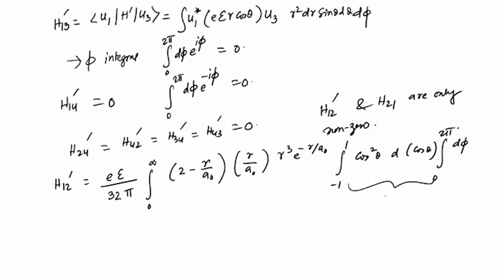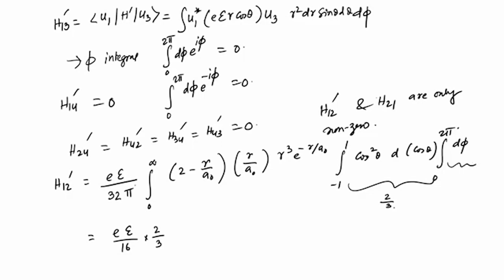From the theta integral, it is easy to see that you get a factor of 2 by 3, and a little bit of simplification can be done. So, E epsilon by 16 and it becomes 2 by 3, and the phi integral will give you a 2 pi.